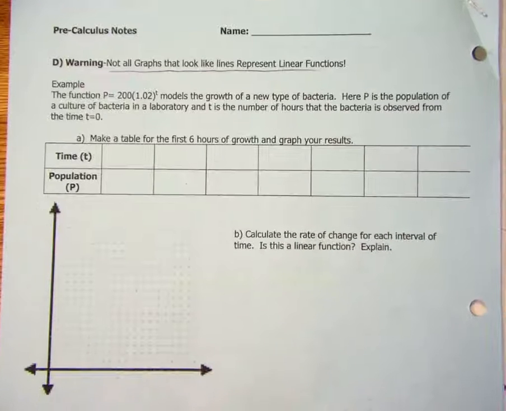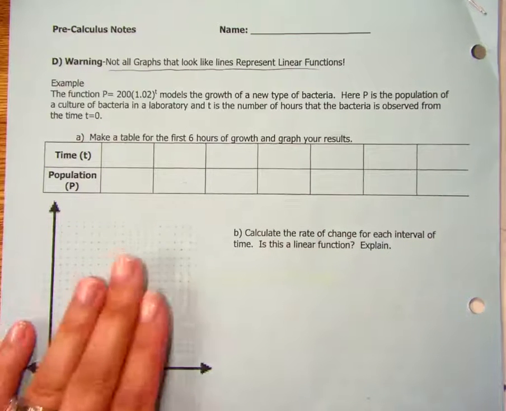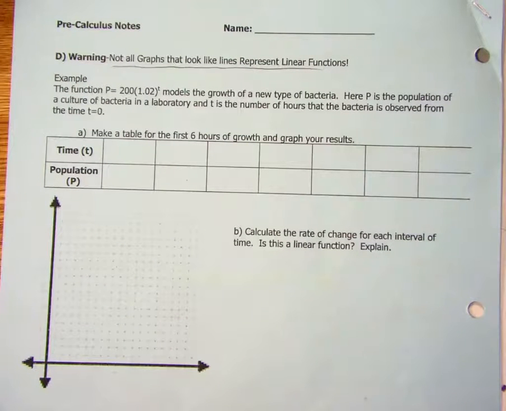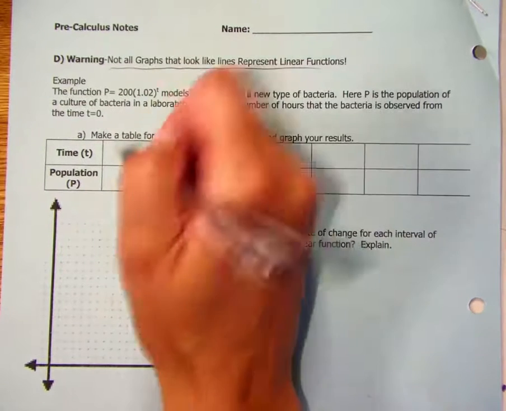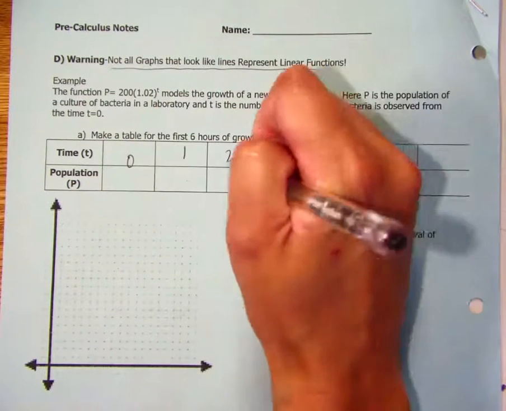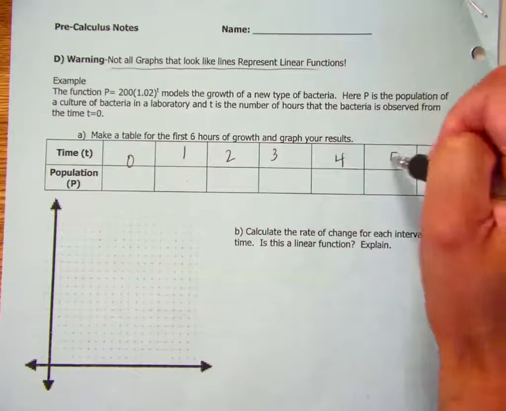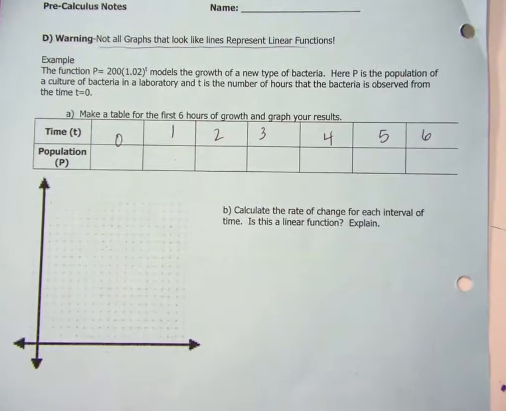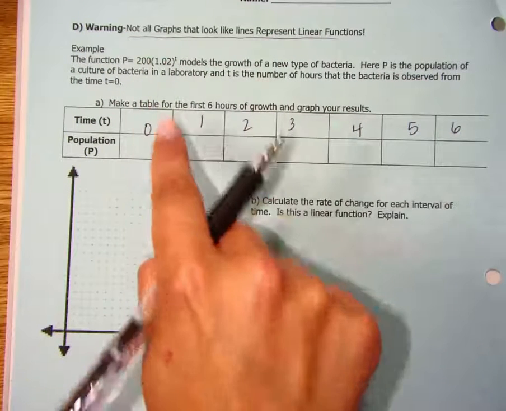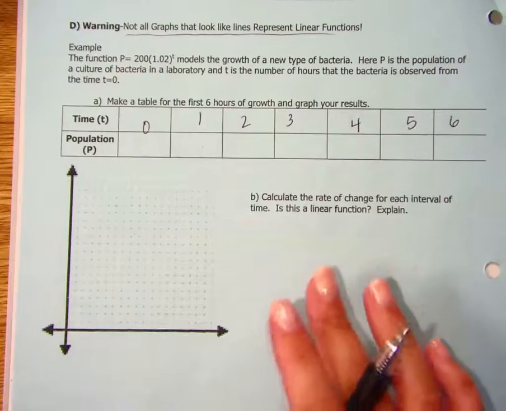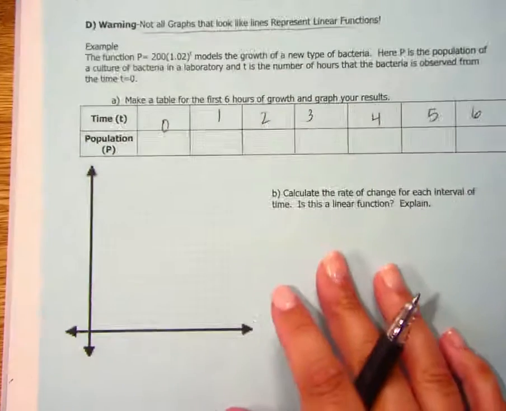P is a population, t is the number of hours after the initial hour. Let's make a table for the first 6 hours of growth, and then we are going to graph this one by hand, okay? So we're looking at 6 hours, so 0 up to 6. Then we can use that formula, plug in each of our values of t to find our output.